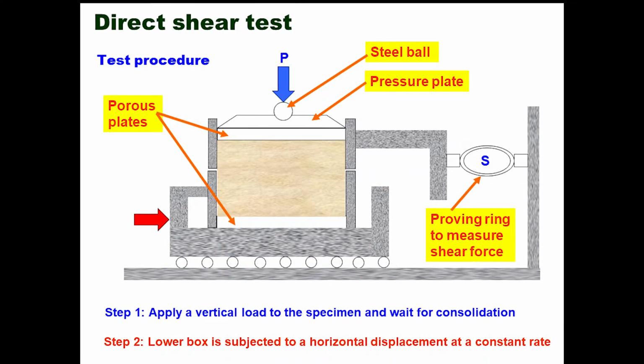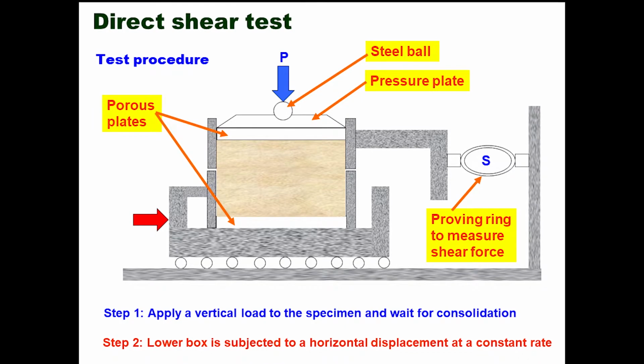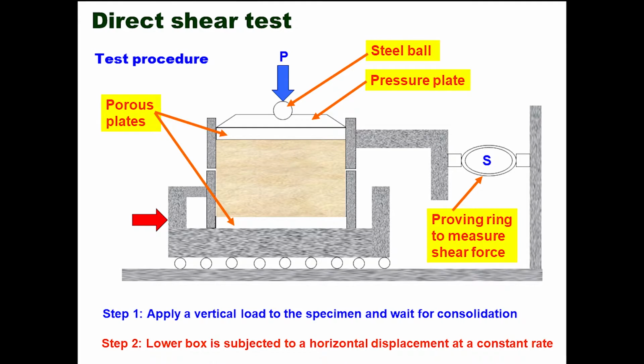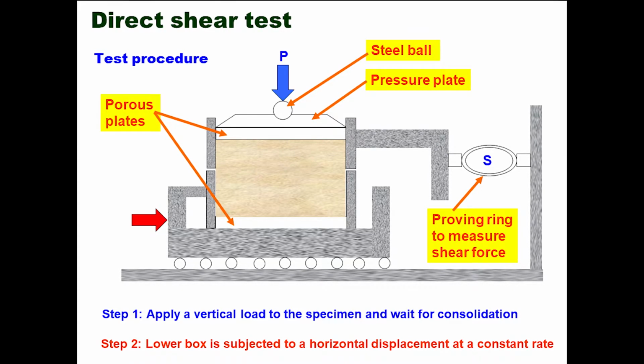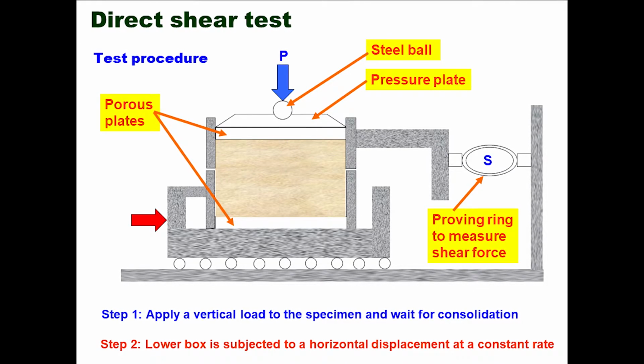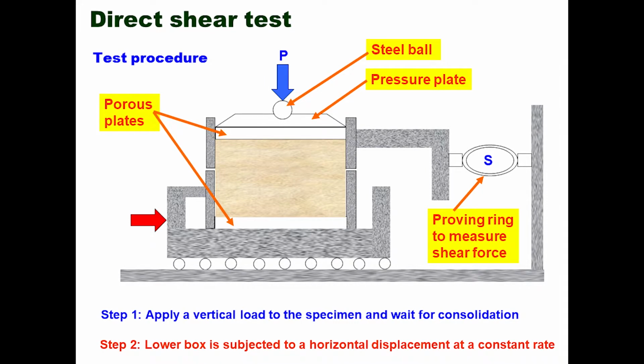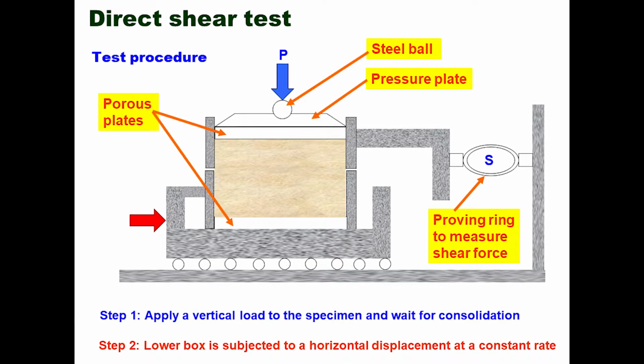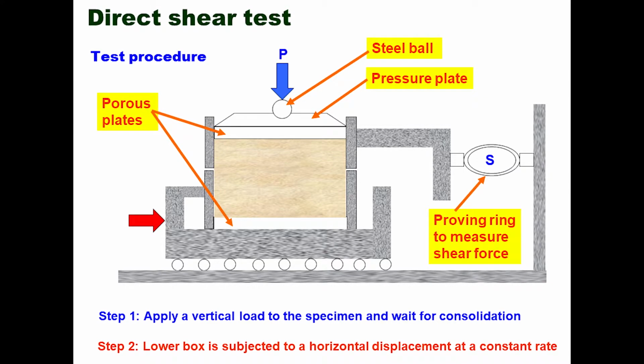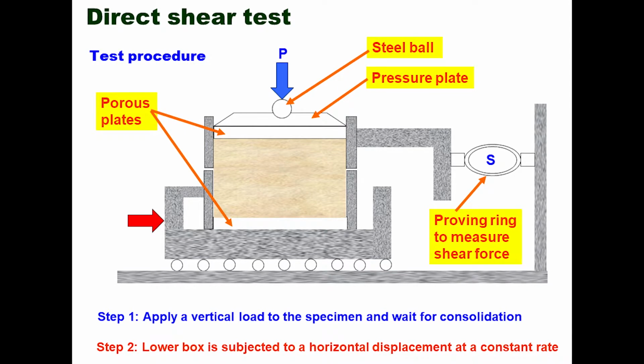Direct shear test. The direct shear test is done on a small box. Porous plates are there, a sheet of ball is there, the vertical stress is applied, and there is a pressure plate. There is a proving ring which gives the shear force. Apply a vertical stress to the specimen and wait for consolidation, then subject the lower box to horizontal displacement at a constant rate.